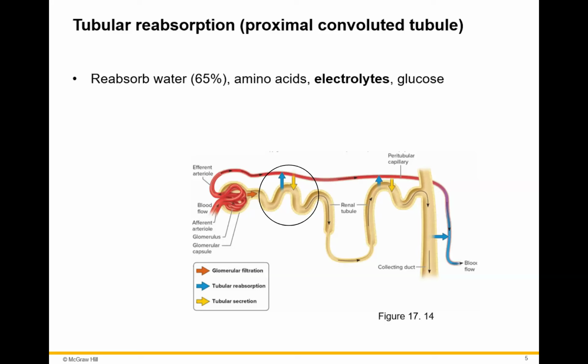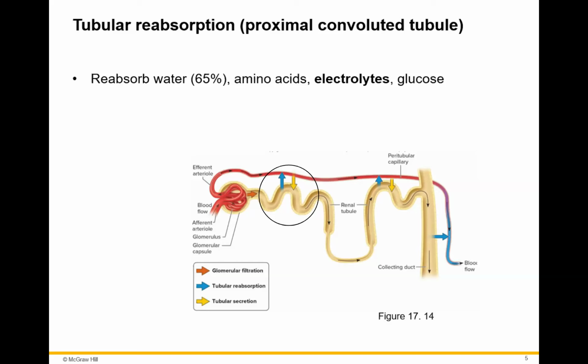If I didn't mention, when the filtrate is initially generated, it's trapped in the capsule. You can see that surrounding the glomerulus, and then it continues to the proximal convoluted tubule. Later on, we'll discuss the distal tubule, which is further away from the glomerulus. So proximal is closer to the source of origin, and distal is further away.